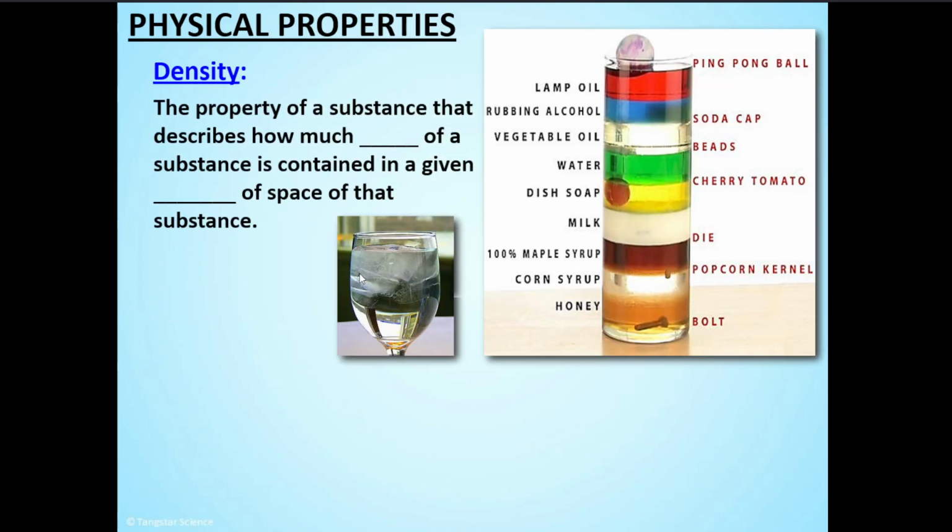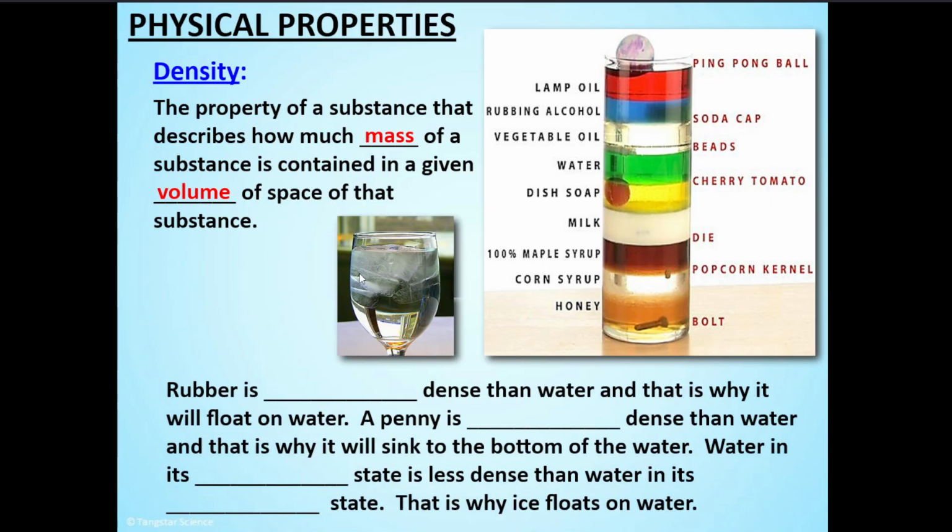Next one is density. So density describes how much mass is contained in a given volume. Rubber is less dense than water, so it floats. A penny is more dense, so it sinks. Interestingly, though, solid water or ice is less dense than liquid water, which is why ice floats.